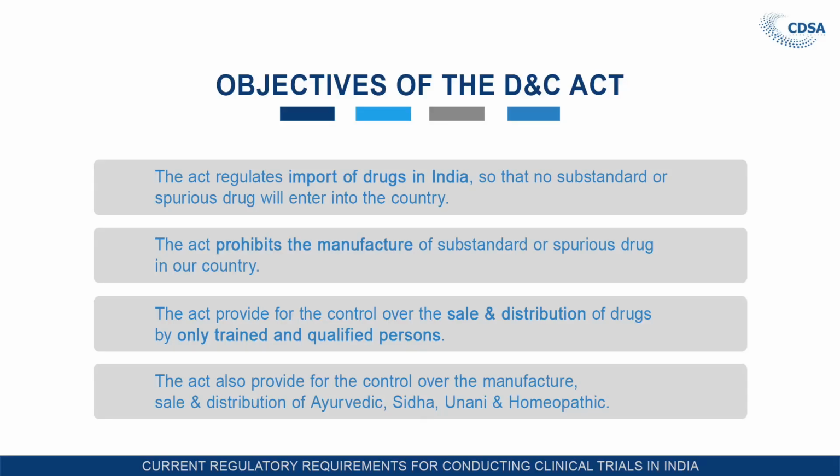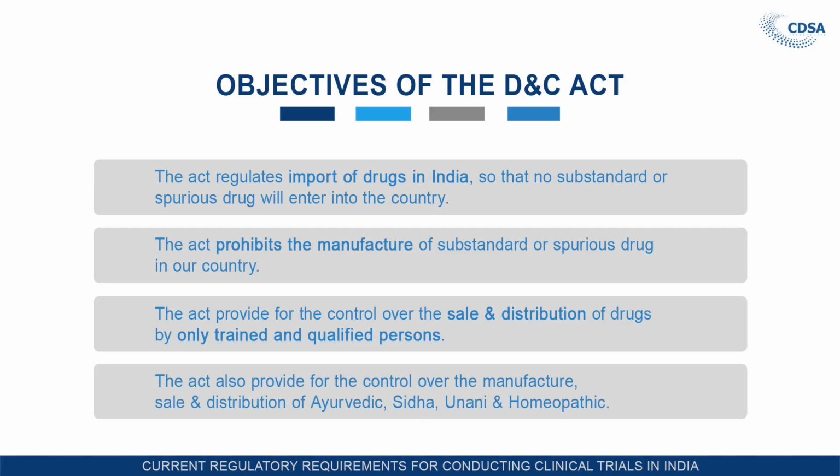The act provides for the control over the sale and distribution of drugs by only trained and qualified persons. As I have said, the drugs reach the patient either by sale or by distribution. To control this, the act restricts sale and distribution to qualified persons.